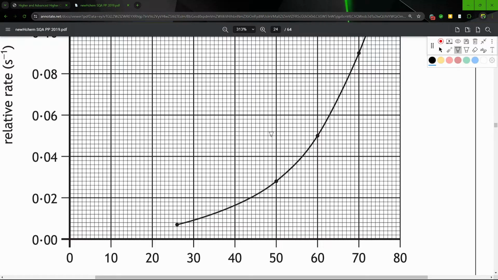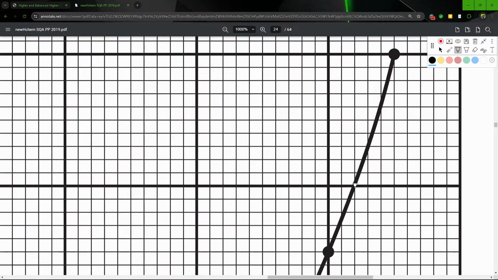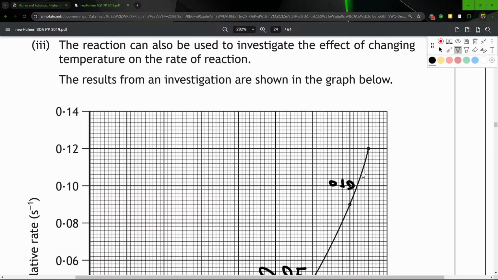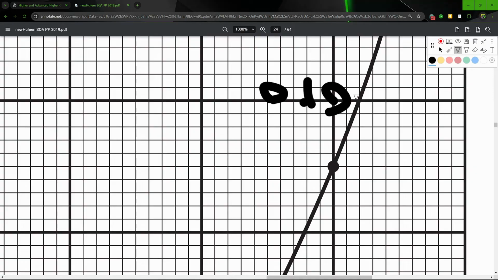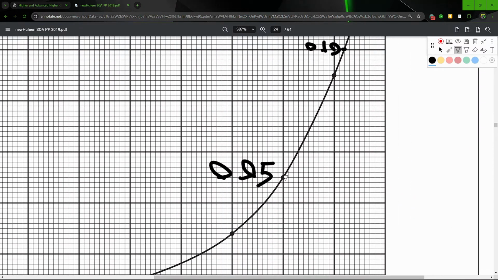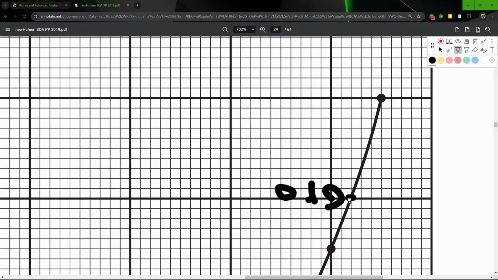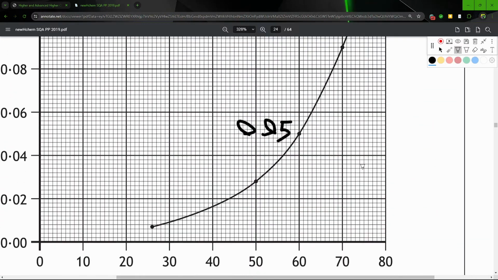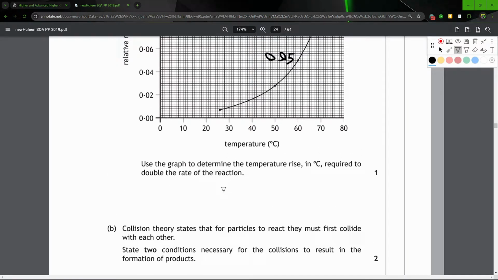So this would be 0.05 here, and then if we go up to 10, we find that we've got an exact point there for 0.10, I suppose. So now all we need to do is find the distance between these 2 points. 0.05 here is at 60, and 0.10 is at 72, which means the difference between 60 and 72 is 12 degrees Celsius.